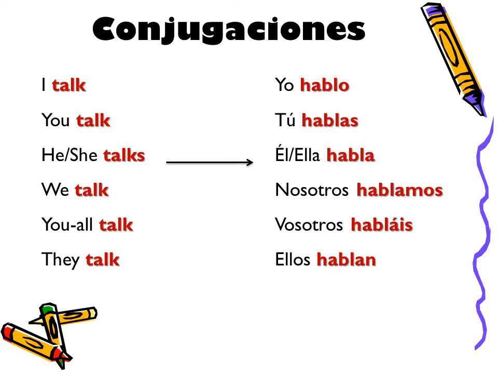So if we take that same verb to talk, which in Spanish is hablar, you would have yo hablo, tú hablas, él o ella habla, nosotros hablamos, vosotros habláis, y ellos hablan. So if you look at it, each one of the pronouns has a different form. And that is what we call conjugations or conjugaciones.